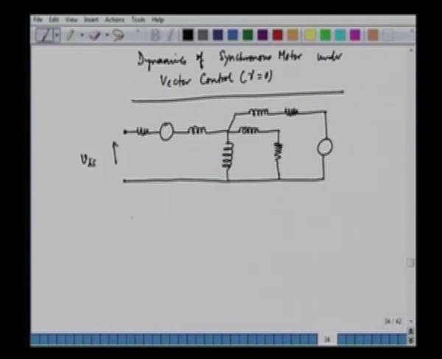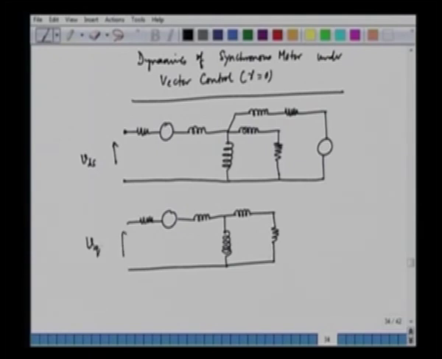Similarly, we can write down the Q axis equivalent circuit: the resistance, the back EMF, the leakage inductance in the Q axis stator, the magnetizing inductance in the Q axis, and then the leakage and resistance of the damper winding. So, this is the Q axis voltage VQS.